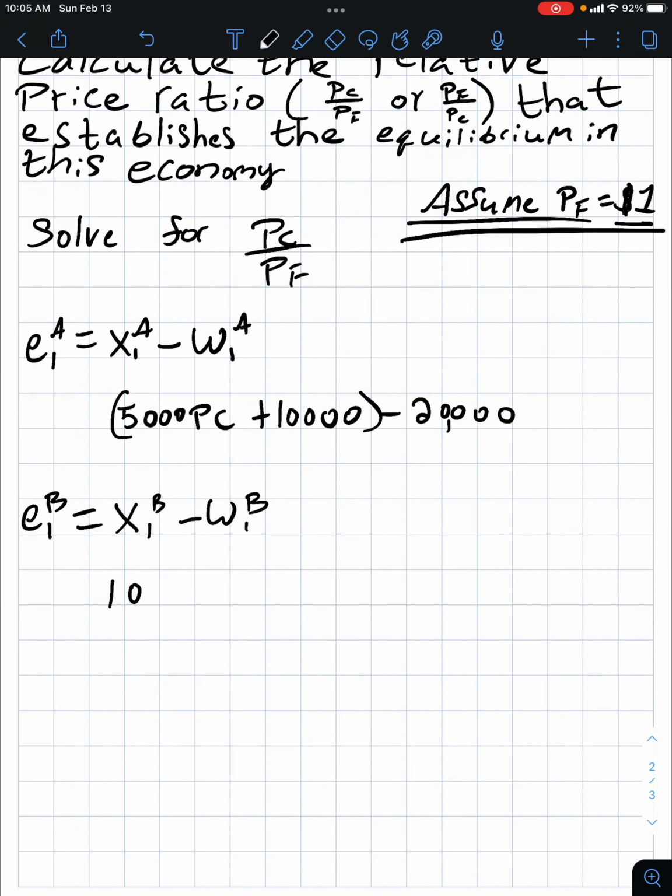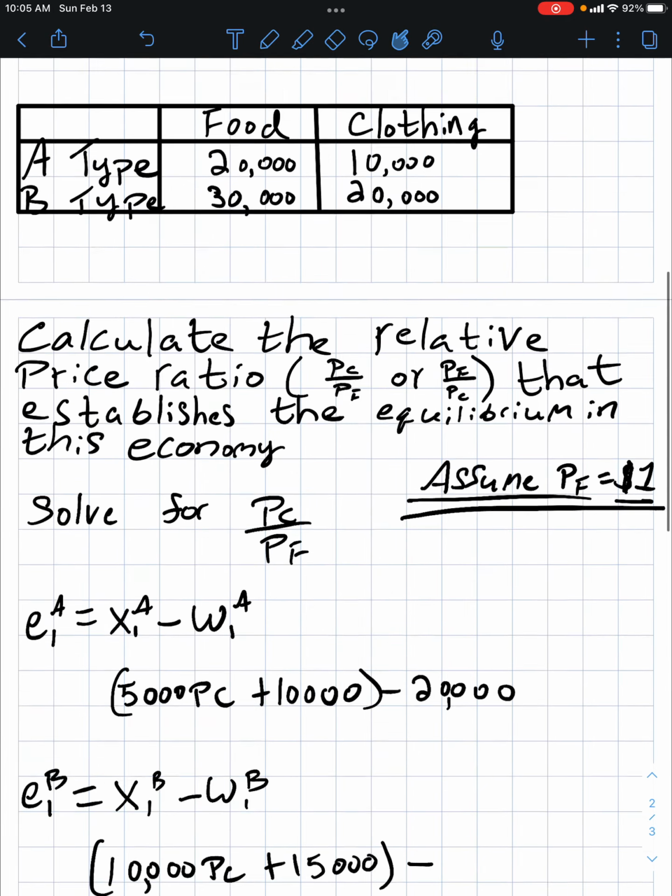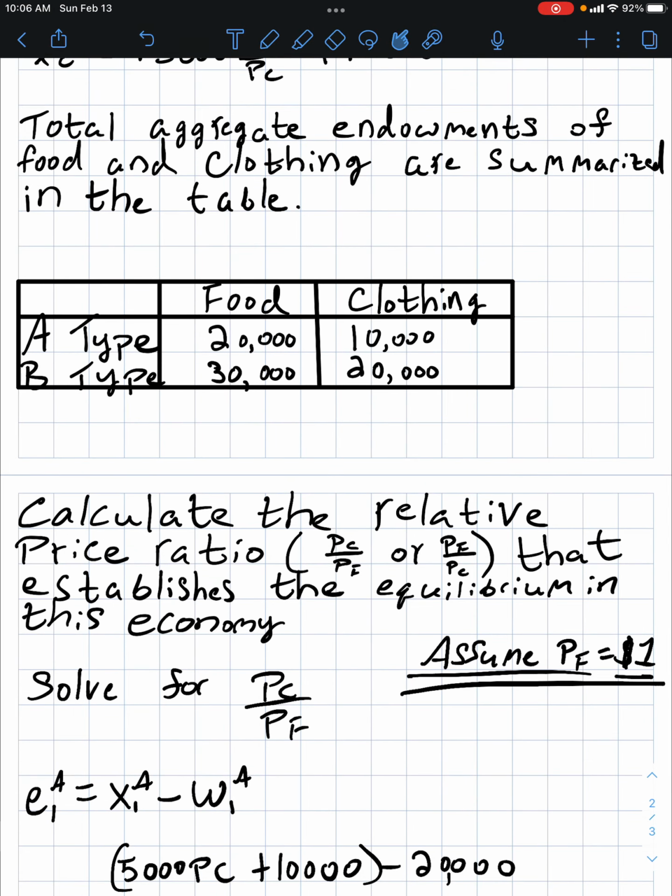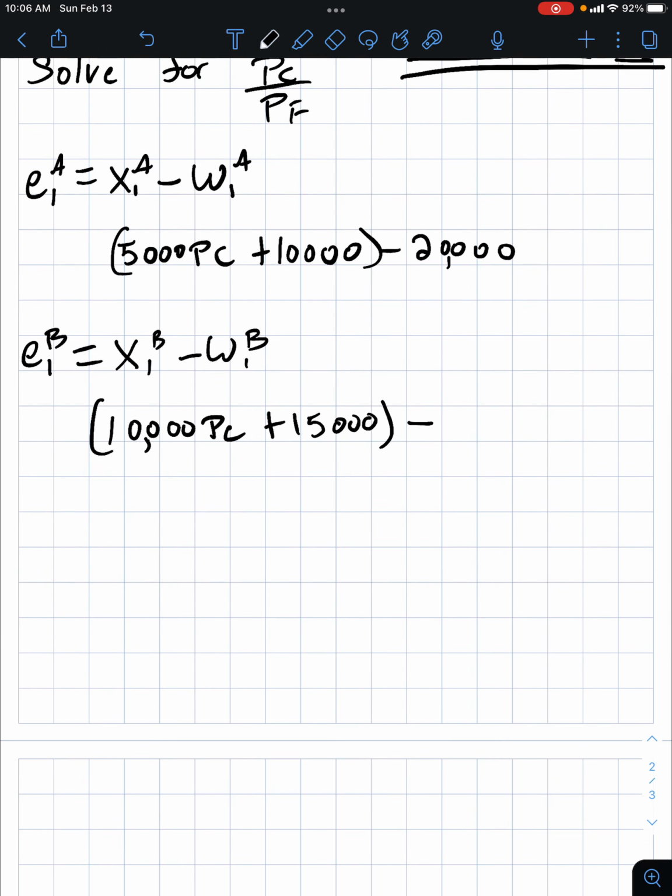So 10,000 PC plus 15,000, minus, now we're going to use our B type endowment for food.